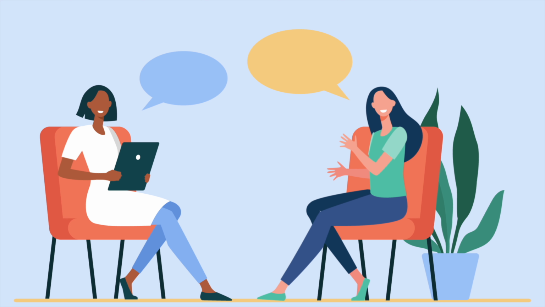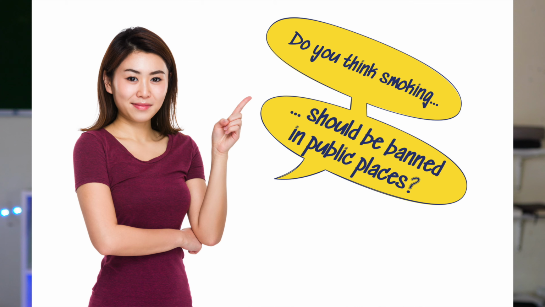So let's say the examiner asks you, do you think smoking should be banned in public places? You can simply provide your answer, main idea, yes, I do think smoking should be banned in public places. Your supporting point, because it causes heart attack and cancer, and then the explanation that we looked at in the example as well.